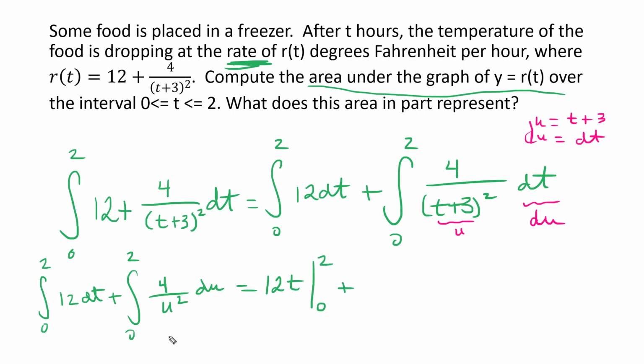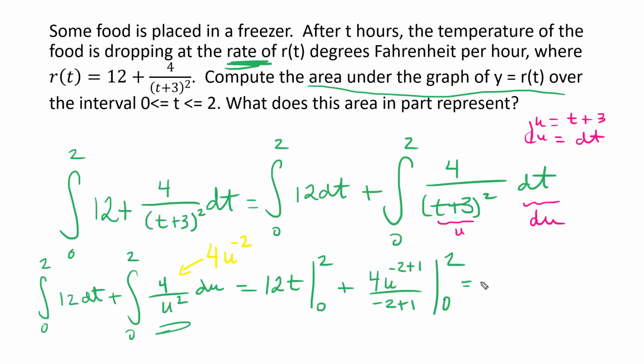Plus the antiderivative of this business, well, if I bring u squared to the top, this actually becomes 4u to the negative 2. The antiderivative would be 4u to the negative 2 plus 1 over negative 2 plus 1, and I'm evaluating that from 0 to 2.